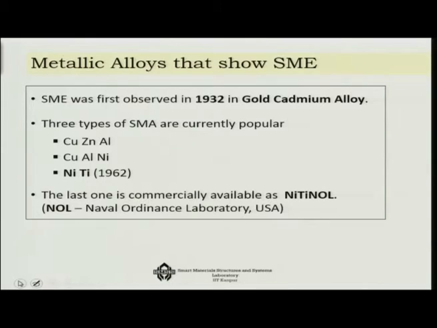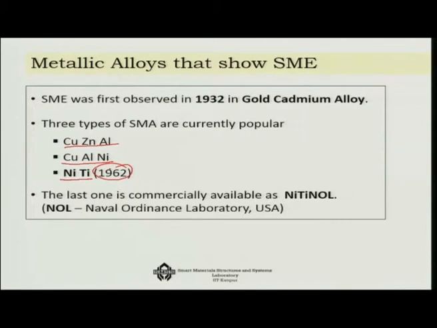This effect was first observed in 1932 in gold cadmium alloys. There are three types of SMA that are currently popular. One is copper zinc aluminum, another is copper aluminum nickel, and the other one is nickel titanium alloy. It is a binary alloy in comparison to the other two, and since it was discovered in 1962 it is becoming more and more popular.